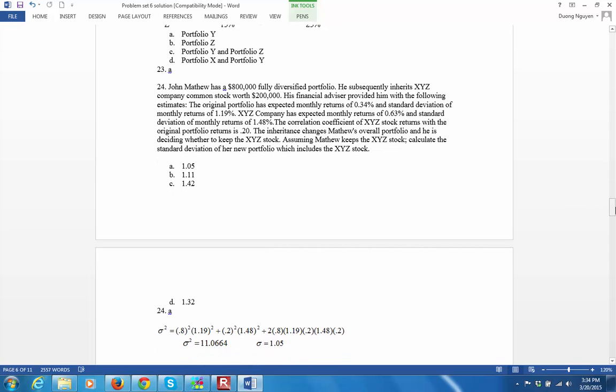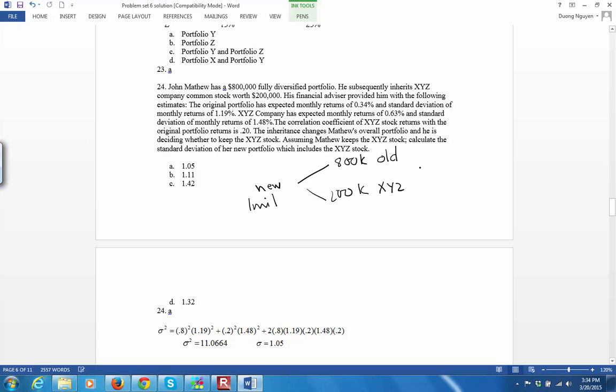Now number 24, Matthew has a new portfolio. You have $1 million in the new portfolio, which has $800,000 in the previous portfolio and $200,000 in stock XYZ.